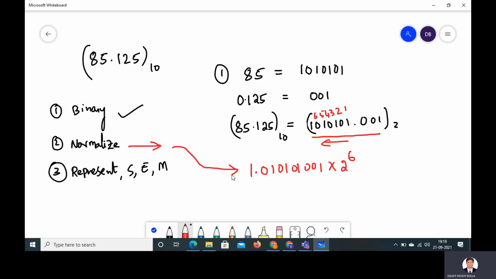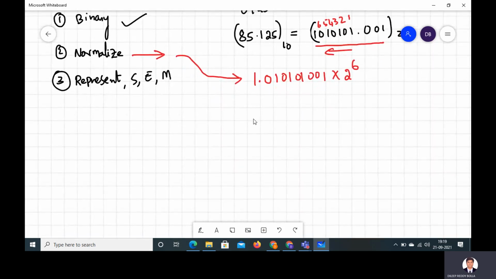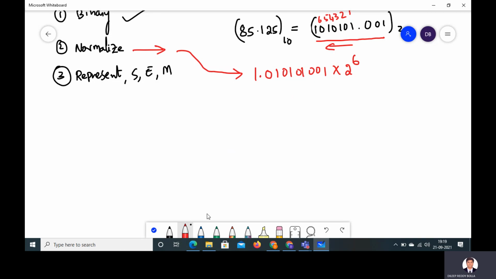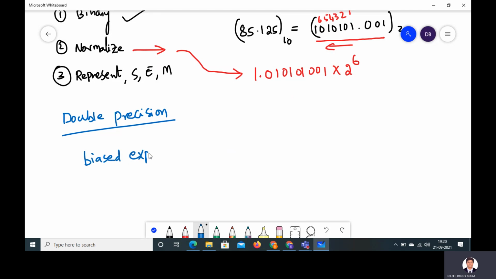Now let us go into the double precision format. How do we represent this number in double precision? We need to represent the sign bit, the exponent, and the mantissa. In double precision, as we have seen, the bias is 1023.